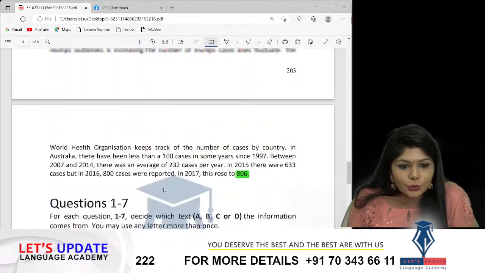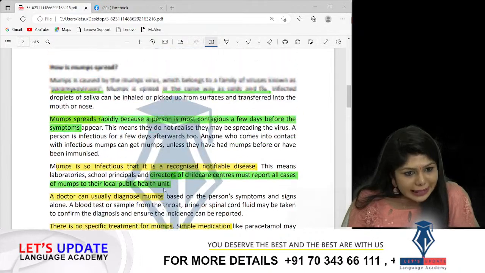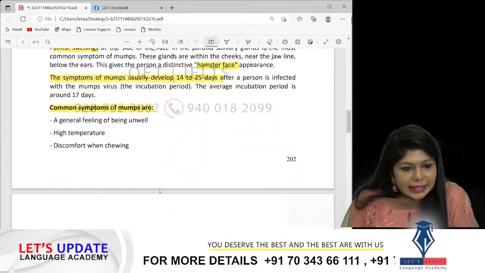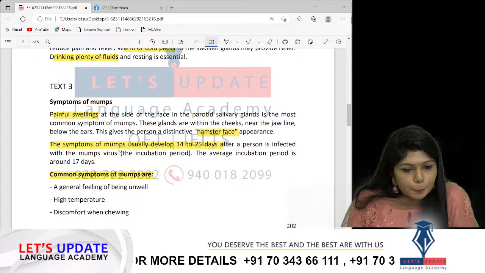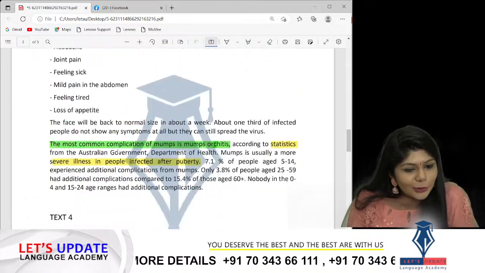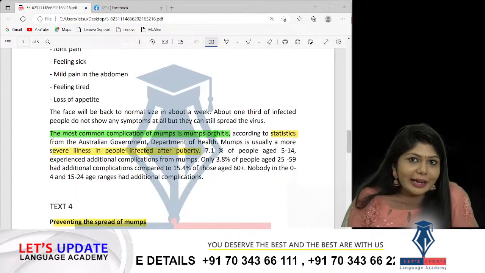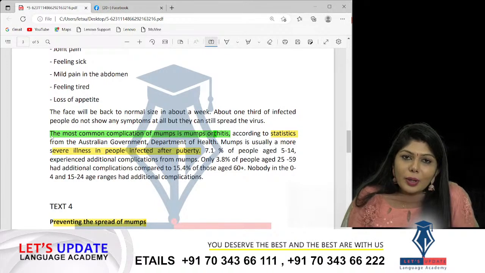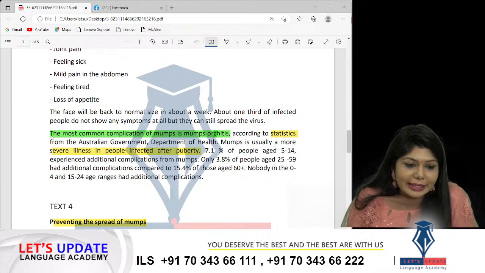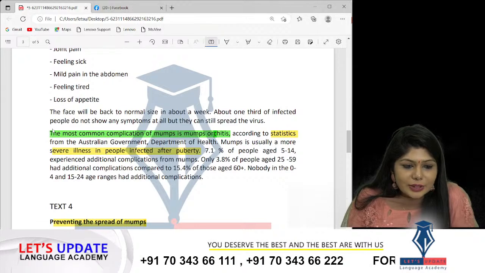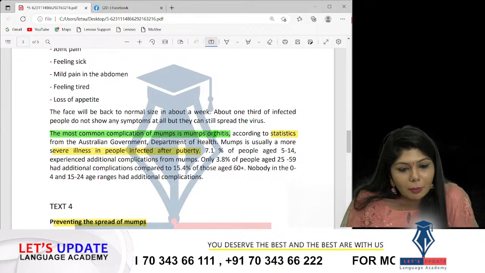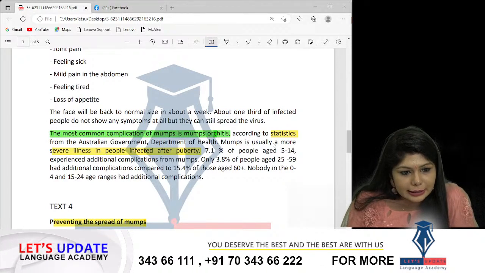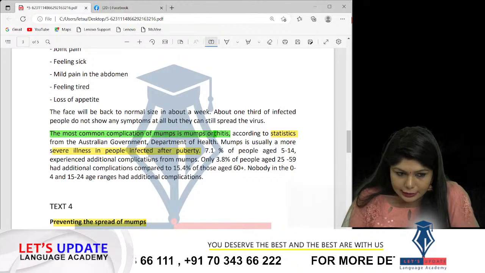So let's go through that text. It's in text 3, right? We talked about symptoms and also complications as well. I had highlighted that information earlier when we read it, because we felt that was important, right? So the most common complication of mumps is, yes, then they are talking about the statistics.